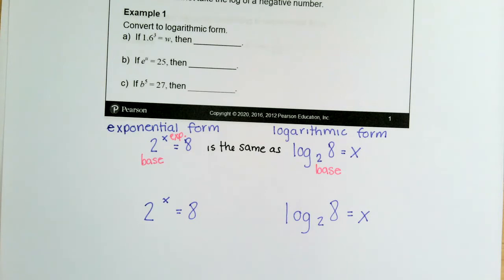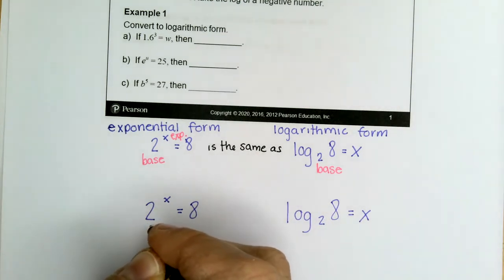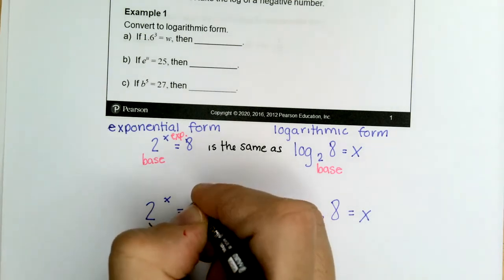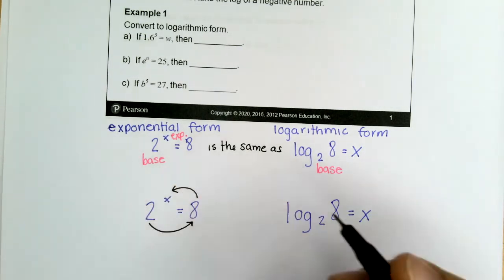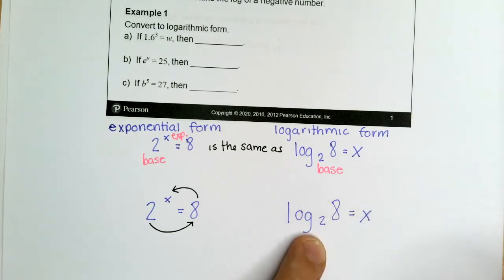And what Miss Walters did was start with the base 2 and move in a circle: 2, 8, x.